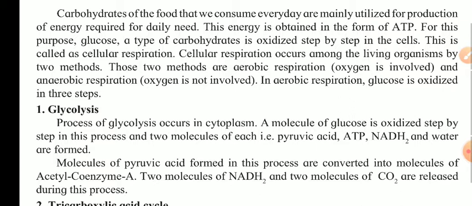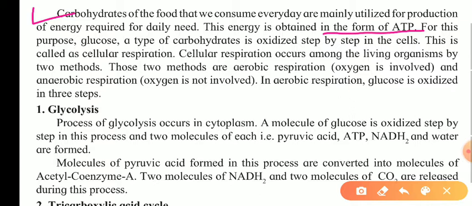That need for energy is fulfilled by the food we eat, and the main component of energy is carbohydrates. This energy is obtained in the form of ATP. ATP is nothing but adenosine triphosphate.